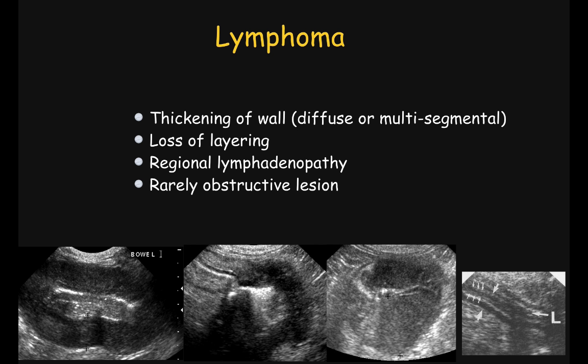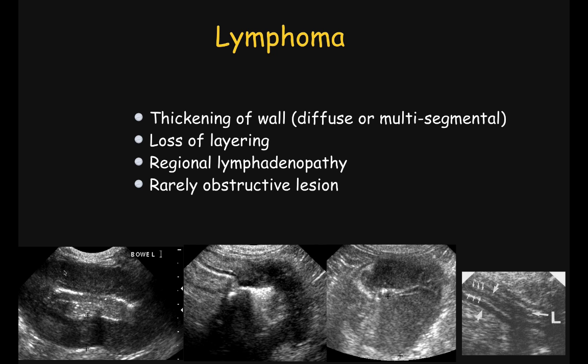The first type of neoplasia to evaluate will be the round cell tumors, the most commonly encountered one being lymphoma. It's also characterized by marked thickening of the wall, which can affect a long bowel segment or several bowel segments.